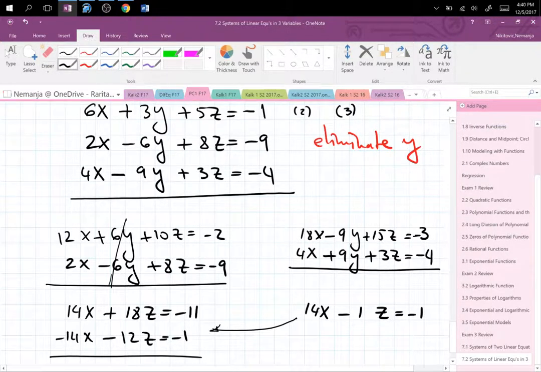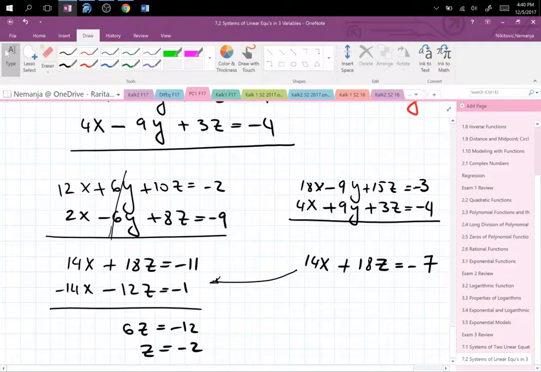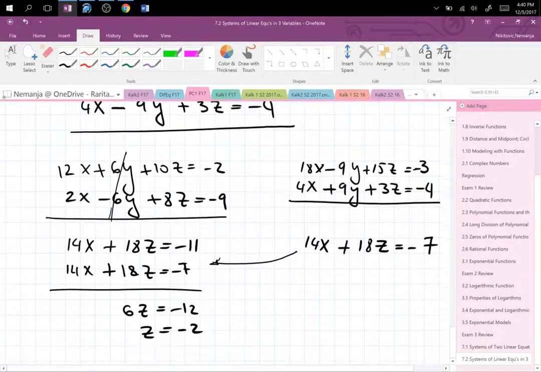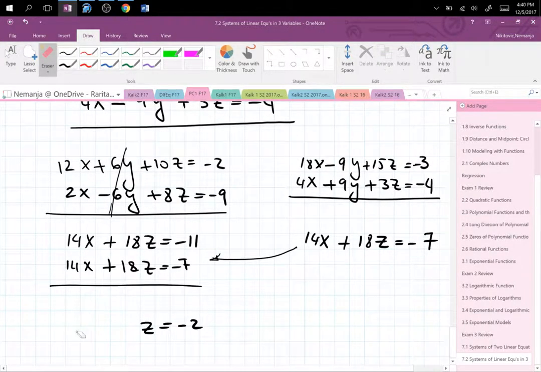You have 18z, right? And negative z. Yes. It should be 14x plus 18z equals negative 11.